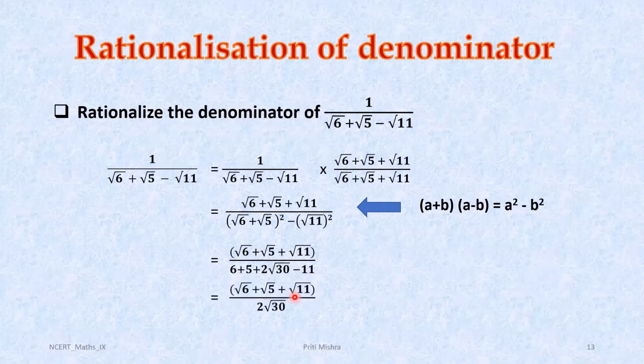Now after simplification, the numerator will be as it is, and in the denominator we have only 2 root 30, since 6 plus 5 is 11. This 11 gets cancelled out with this negative 11. So the answer is root 6 plus root 5 plus root 11 upon 2 root 30. So this is the rationalization of the denominator of this question.